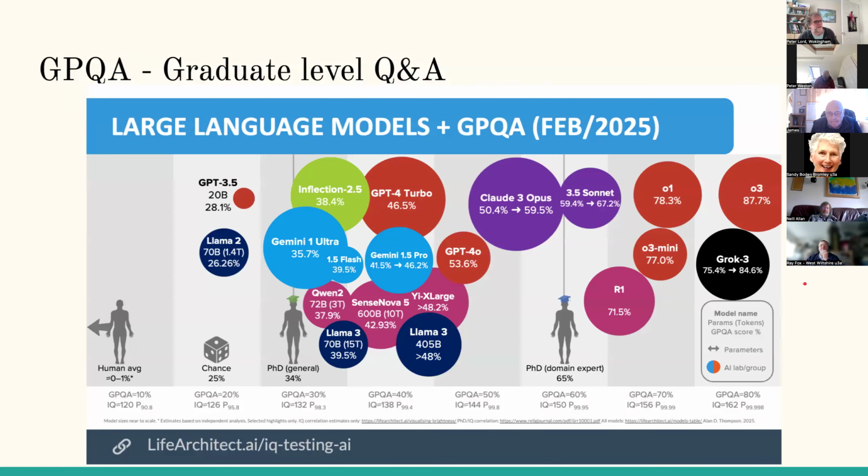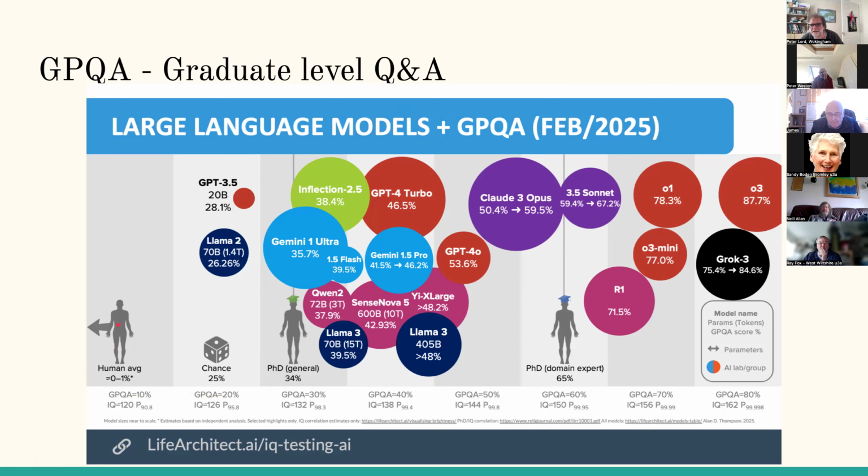However, having said all that, we jump forward a little bit, and this is the graduate-level Google-proof question answers that I mentioned earlier. And this is February 2025. Along the scale, we've got people's IQ, and we've got this GPQA benchmark result.